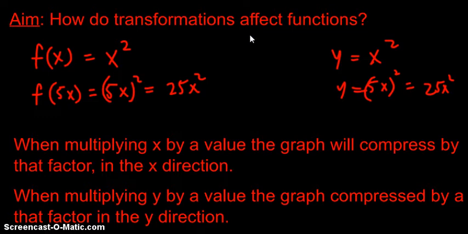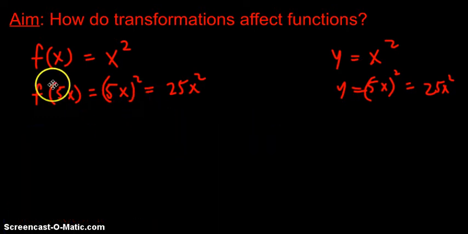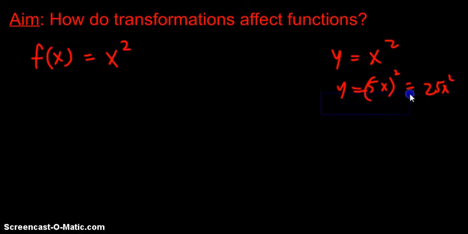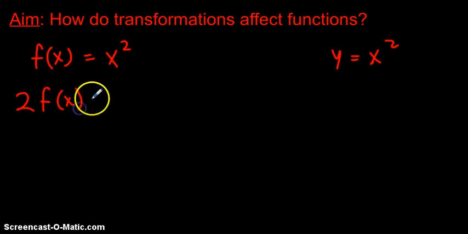Alright, so let's take a look at what that would look like. I'm only going to erase this for the sake of space, so you can always rewind and copy that. So let's say that was 2 times f of x equals x squared.